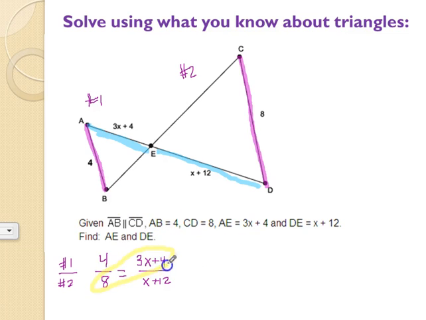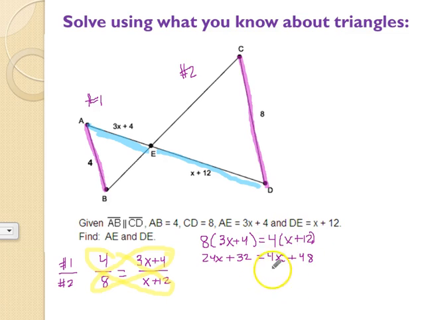We're going to multiply these two first: 8 times 3x plus 4 equals, and then the other, 4 times x plus 12. And let's go ahead and distribute. So 3x times 8 is 24x. 8 times 4 is 32. 4 times x, we've got to distribute, 4x. 4 times 12 is 48.